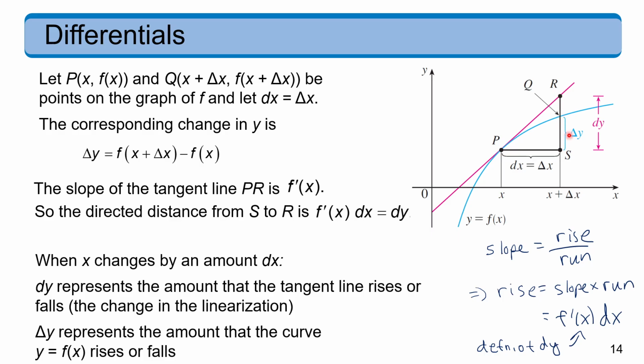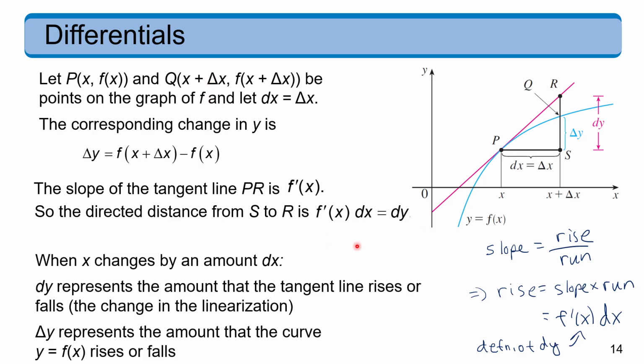Now it says directed distance. That means it could be positive or negative. Usually distances are always positive. But here a directed distance would tell us that if it turned out to be a negative number, it just means that the y values decreased as we moved from the first x coordinate to the second x coordinate. But we've achieved our goal.